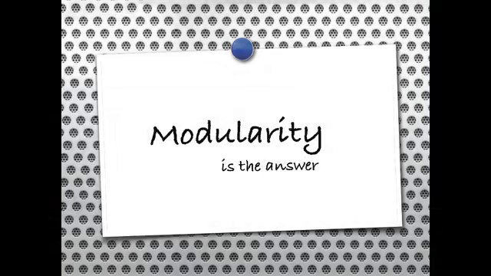And what we think is that modularity is the answer to those questions. First of all, modularity gives you a way to build a large piece of software and still make sure that it's easy to understand. And this is all about the divide and conquer. So you slash up your software in many small pieces.